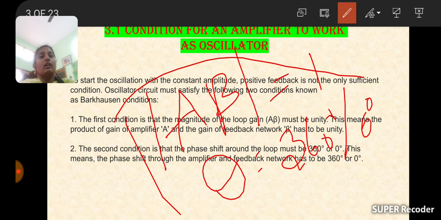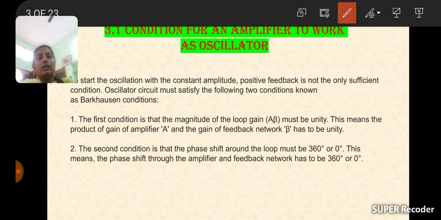These two conditions together are called Barkhausen criteria.